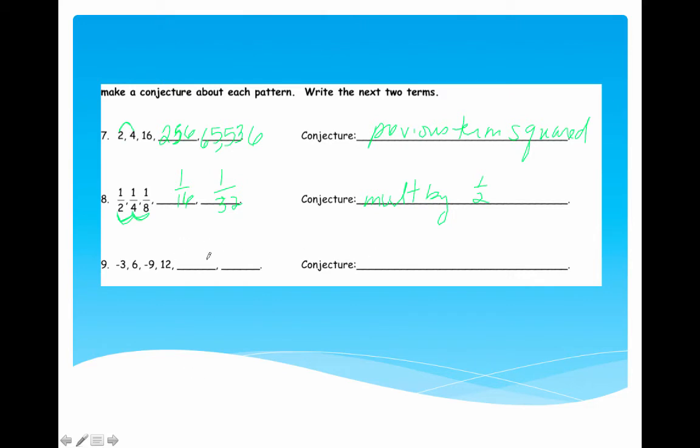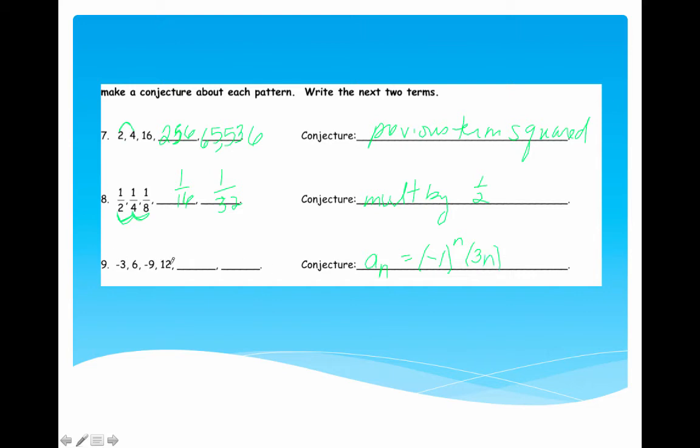So the easiest thing to do is define the term explicitly. So instead of saying what you do with the previous term, we can say the nth term is -1 to the n. So on the first term it's negative, on the second term it's positive, negative, positive, times 3 times n.